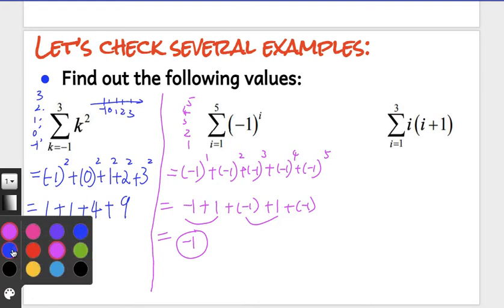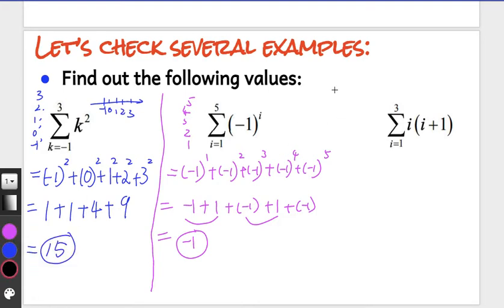Let's check the very last one. So the last one, again, let's check how we start and end. So I start with 1 and end at 3, so it's only 3 terms, 1, 2, 3, right? So what are the things we are adding? We're adding i times i plus 1. So all we need to do for this expression is replace i with 1, i with 2, i with 3.